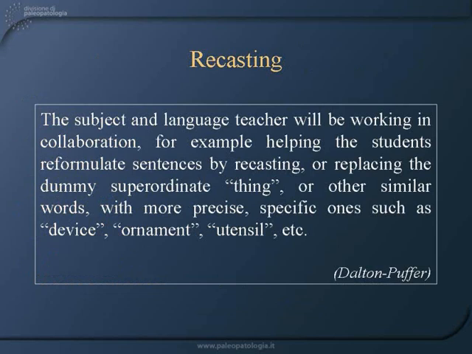The language instructor helps the students reformulate sentences, for example by recasting or replacing words like thing or other similar words with more precise, specific ones such as device, ornament, utensil, etc.